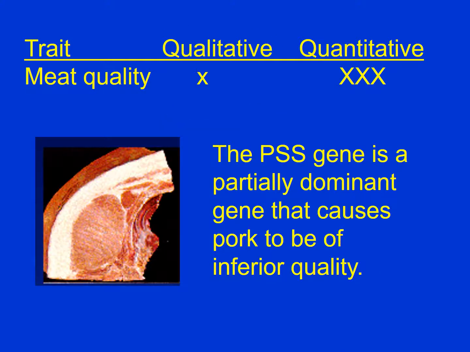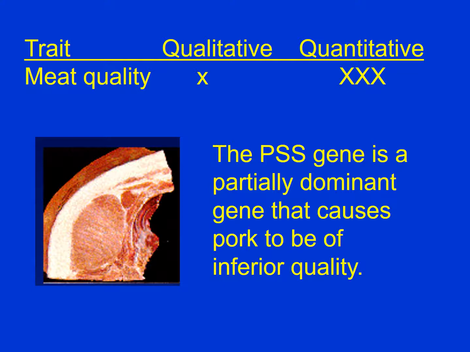Last trait here is meat quality. Generally, we're going to consider it as a quantitative trait, and there have actually been about 100 different genes in pigs that have been identified and shown to influence meat quality.